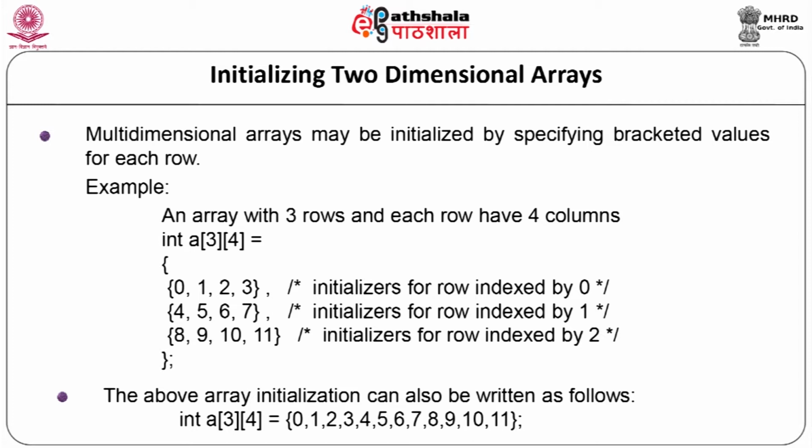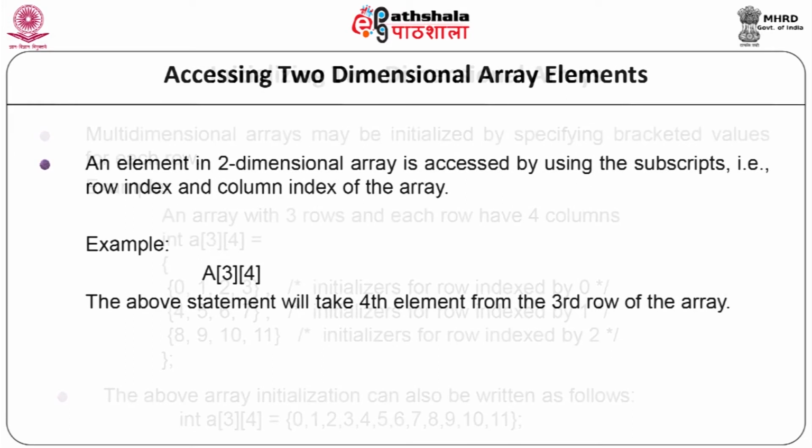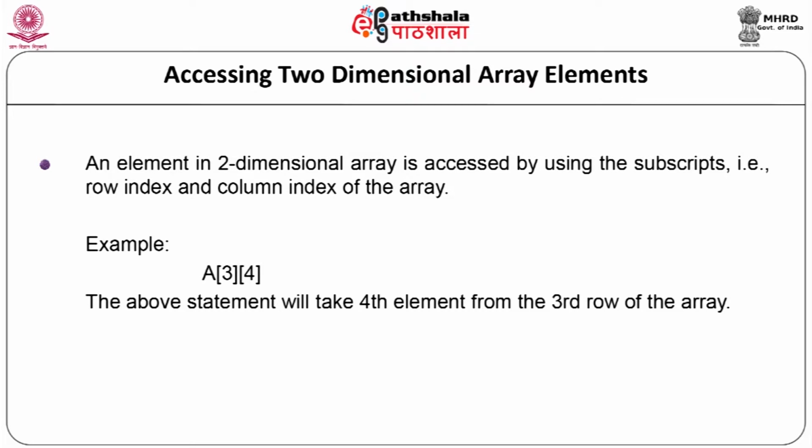In this example, the nested braces which indicate the intended row are optional. The above array initialization can also be written without the nesting of braces as int a[3][4] = directly giving all the values as 0, 1, 2, 3, 4, 5, 6, 7, 8, 9, 10, 11.